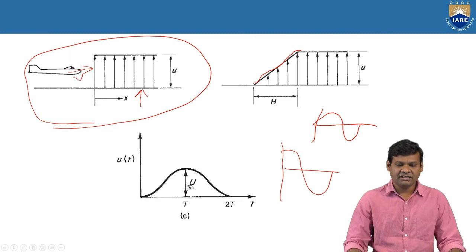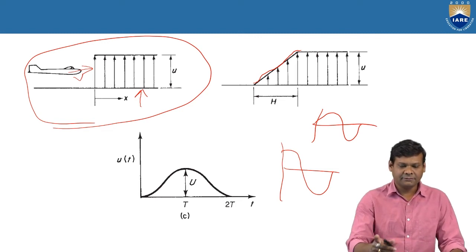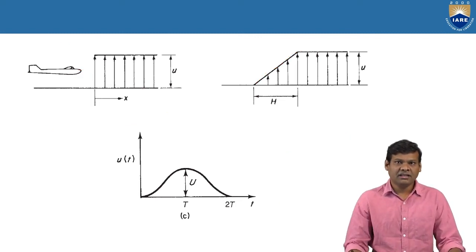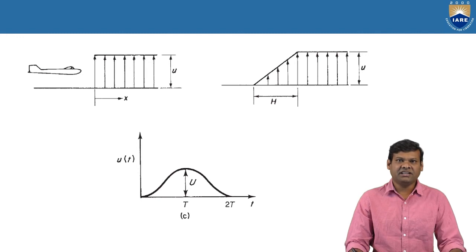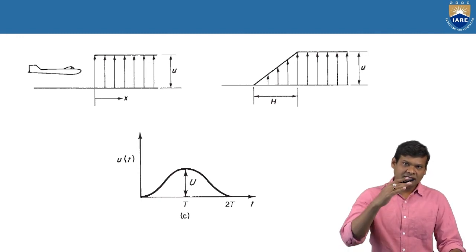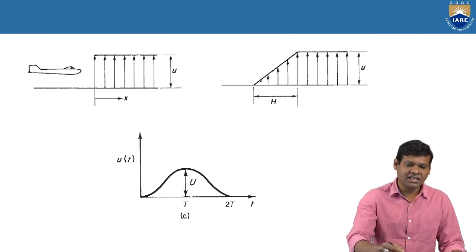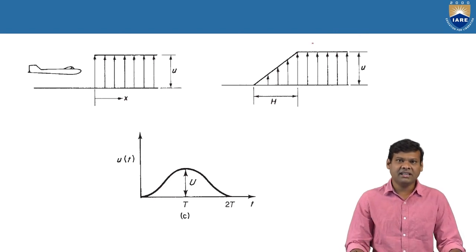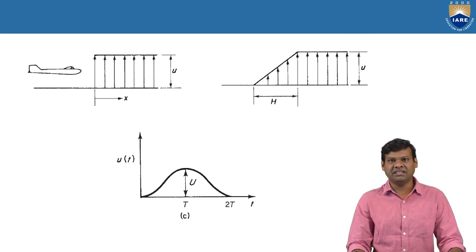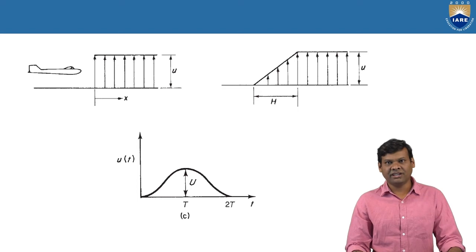You can see that in the sharp edge gust, the velocity of the gust is constant. But when you take the case of the gradient gust, the velocity is increasing linearly and finally it reaches a steady state. That is, there is no more increase or decrease in velocity.